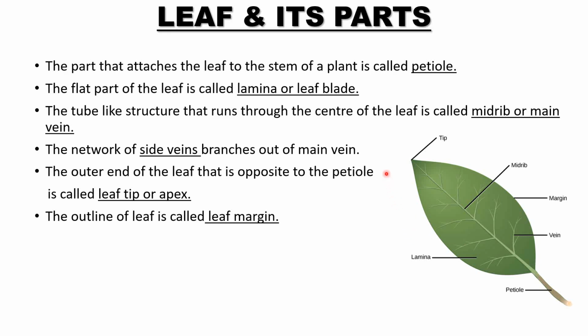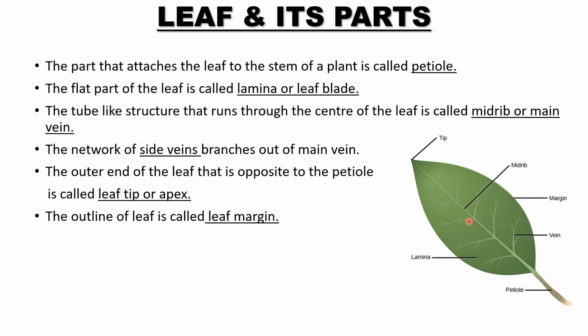The next is you can see in the center of the leaf a long tubular structure running from the petiole to the tip of the leaf. This is our midrib. Mid means center. So it runs in the center and forms the main vein. We can also say this midrib as main vein.